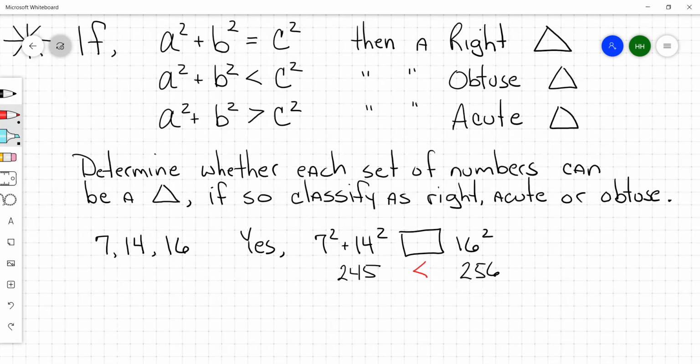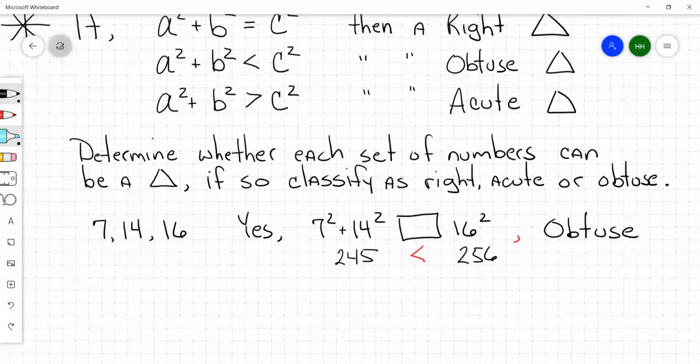So what kind of triangle is it? Our a squared plus our b squared is less than our c squared, so it's an obtuse triangle. You guys good with that?